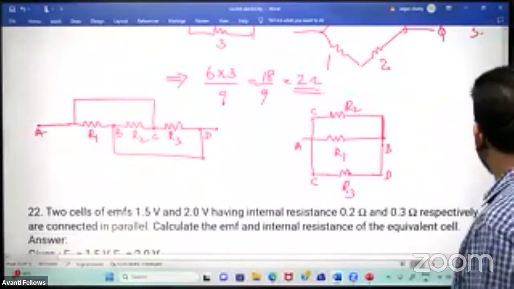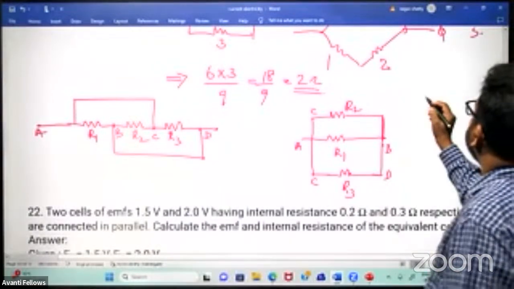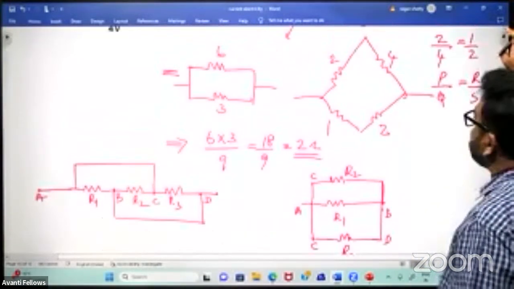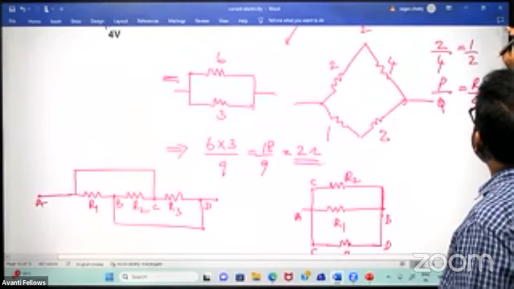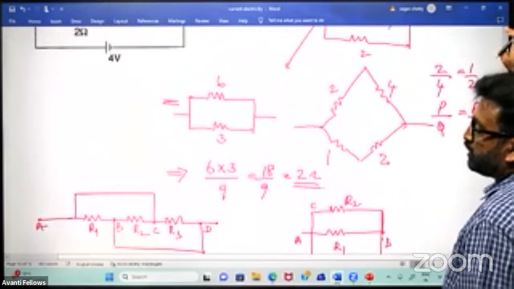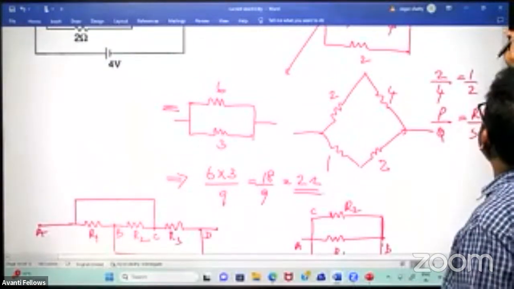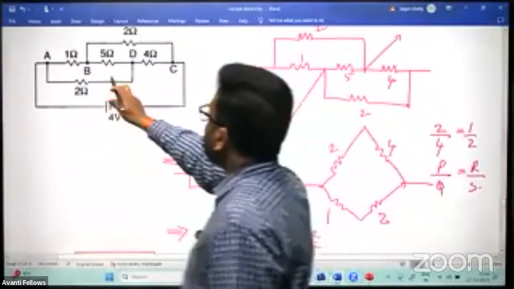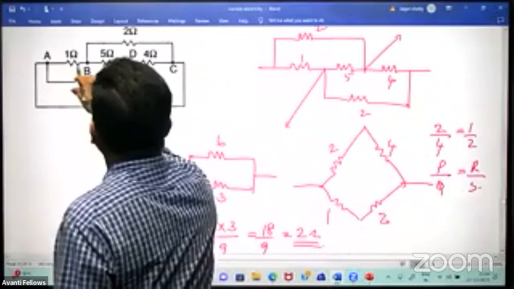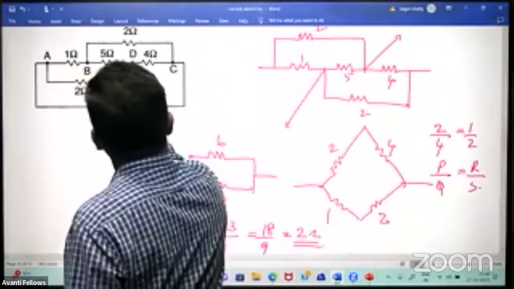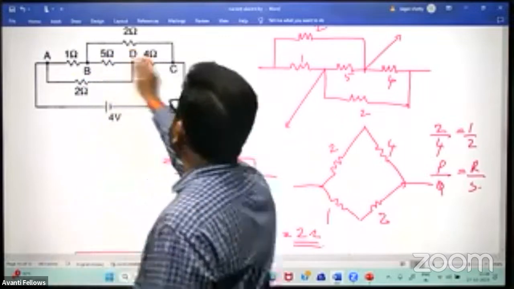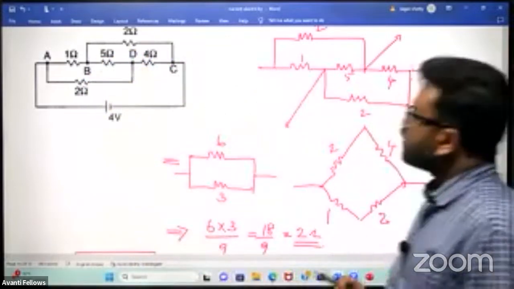So if this kind of question arises, it can appear in the case of resistors as well as capacitors. If connections are there like this, three resistors, 1, 2, 3, or three capacitors, 1, 2, 3, and they are connected like this, in the middle, one resistor or capacitor is there.